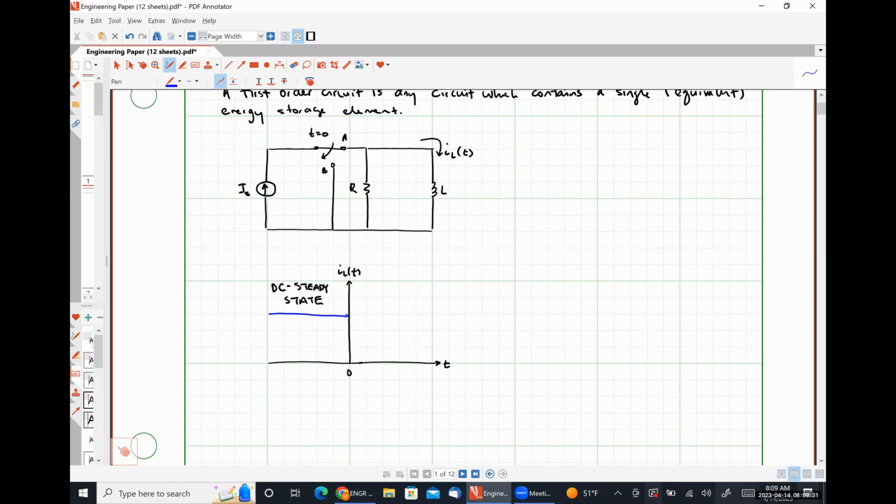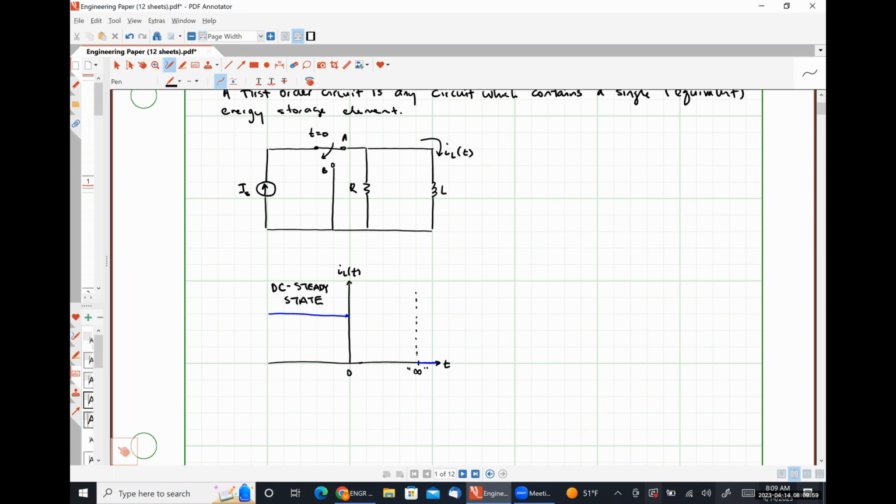So for t equal to infinity, and what I mean by infinity here is just a really long time after the switch has changed state, we see that our current has decayed down to 0. I'm going to put a little marker here.